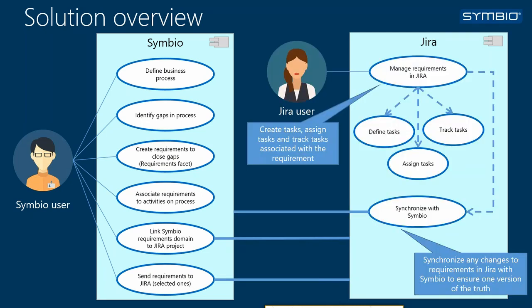So in Jira, you've got your Jira user. They manage the requirements in Jira by defining tasks, assigning tasks, and tracking tasks. And each one of those aspects is automatically then synchronized back to Symbio. So there's always one version of the truth between Jira and Symbio regarding the state of the requirement, which is fantastic. It's like working in one product, basically.